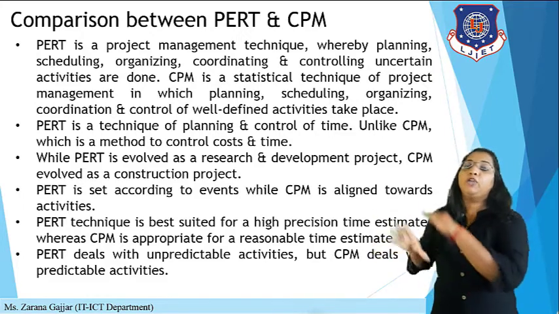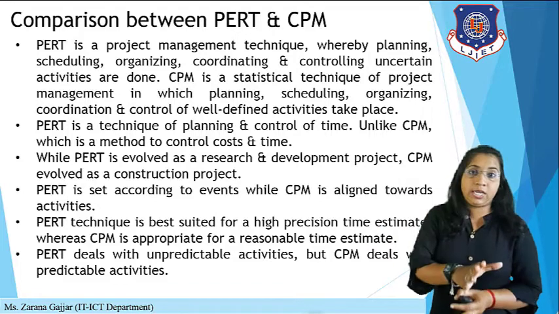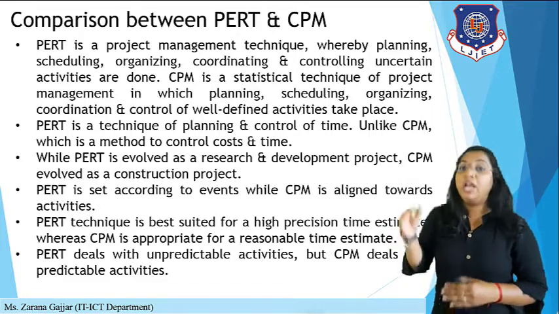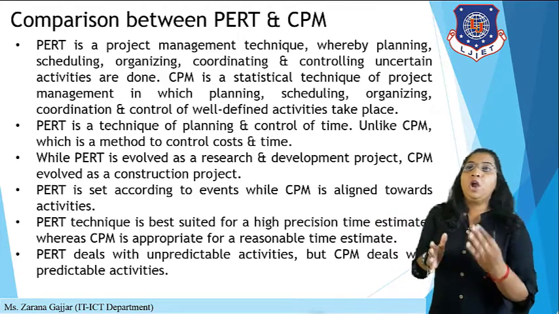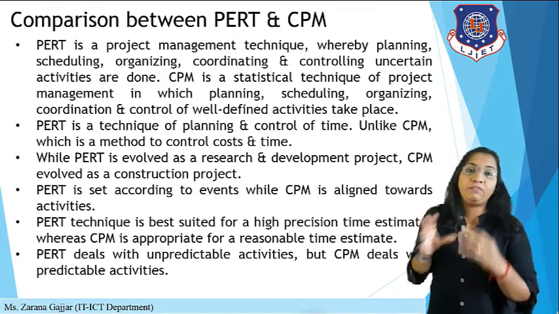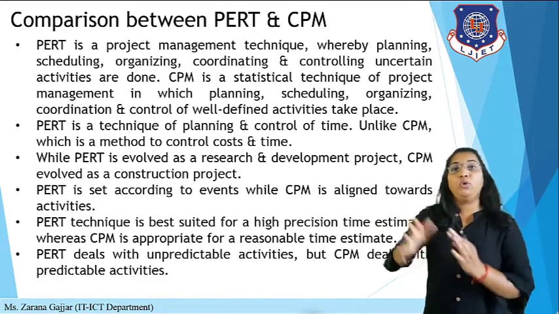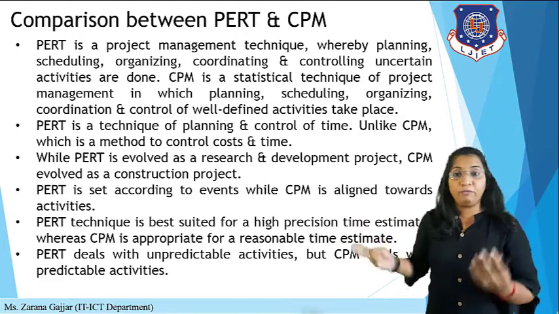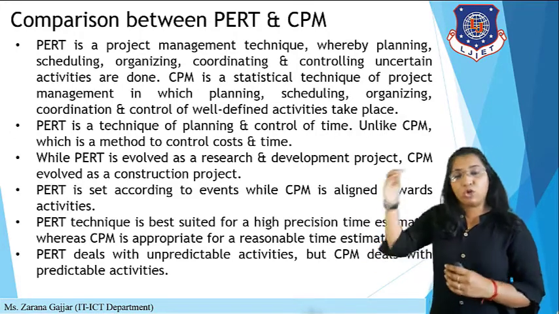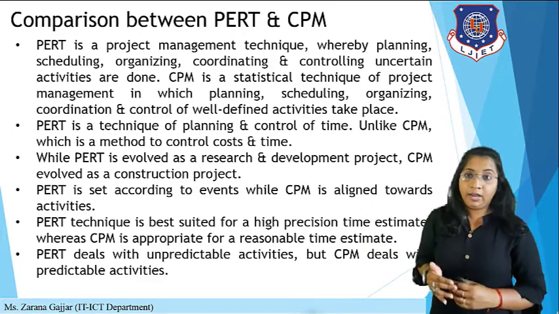Okay, so in PERT chart you are doing this much activity, but CPM is a statistical technique of project management, in which planning, scheduling, organizing, coordination and control of well-defined activities take place. Okay, so in both the things, planning, scheduling, organizing, controlling, coordinating is done, but in a different way. So PERT is a project management technique, whereas CPM is a statistical technique, right?